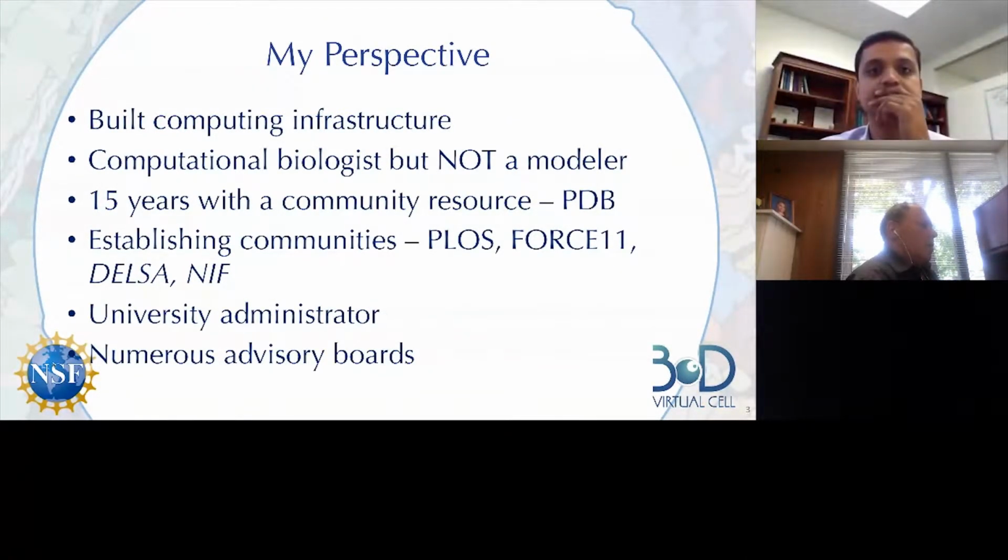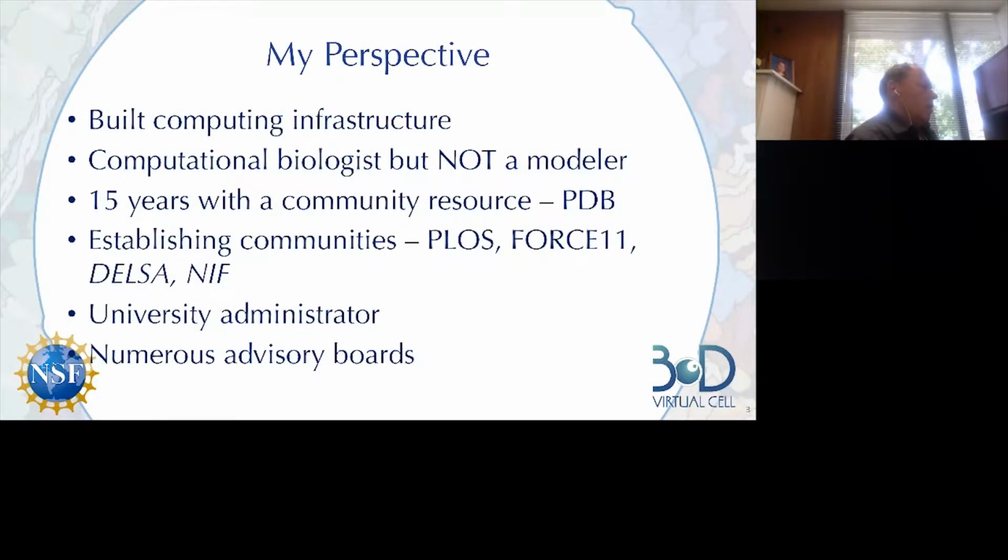And then there are other organizations: DELSA, NIF, the Neuroscience Information Framework, and the Life Sciences Association that DELSA represents, again around data.